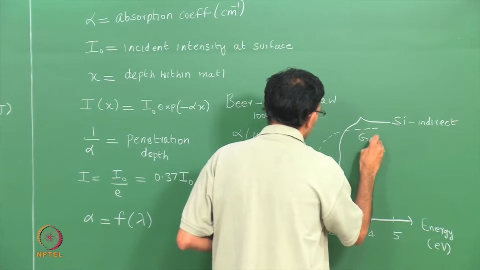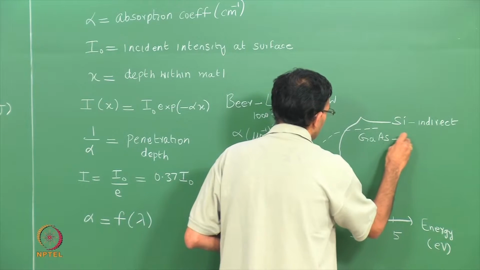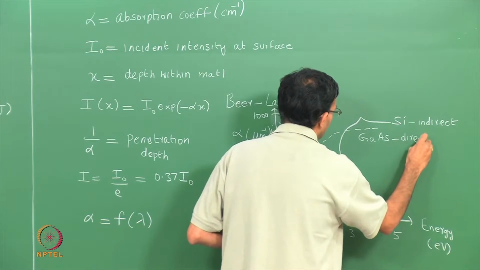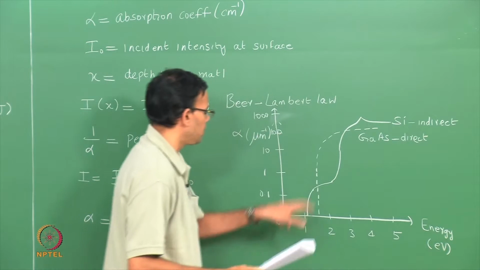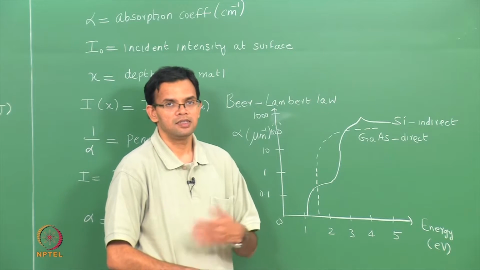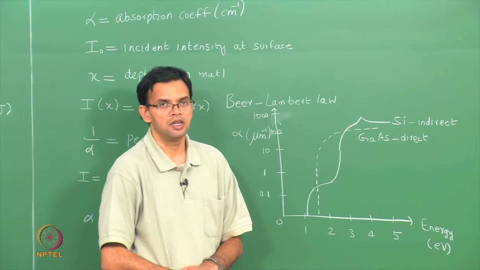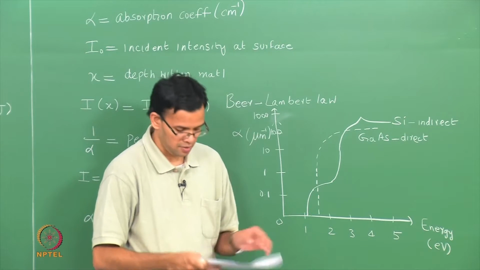So, this is gallium arsenide. So, this is a direct band gap semiconductor, so that compared to silicon, the rise in the absorption coefficient is really abrupt for gallium arsenide.